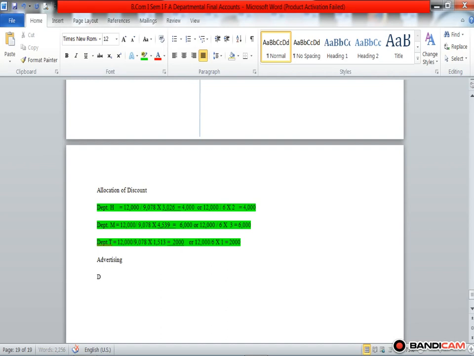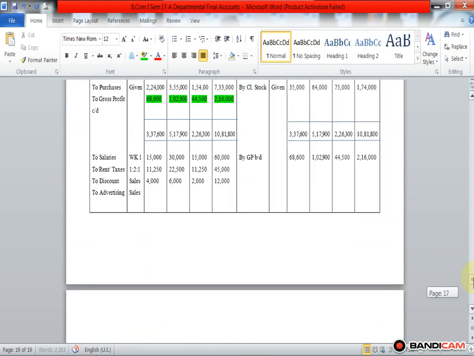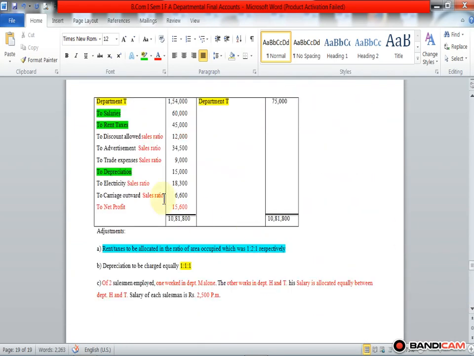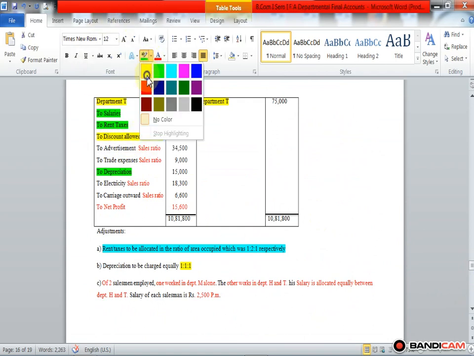Okay, Department H, Department M, and Department T. Okay, so here the amount of advertisement is equal to, we write it, so we make it highlight by yellow color.